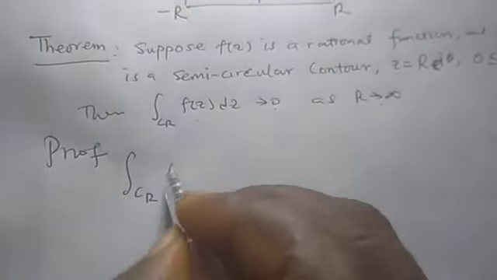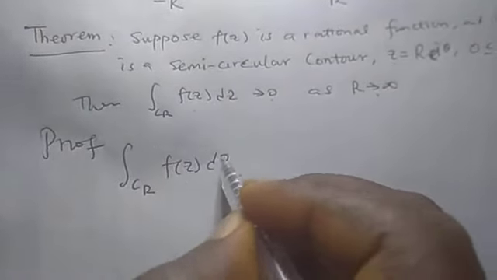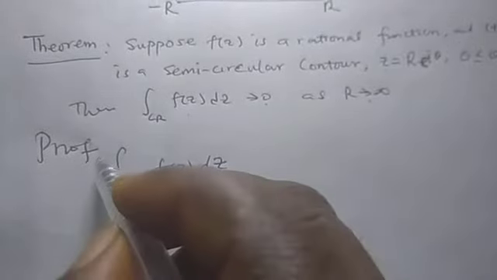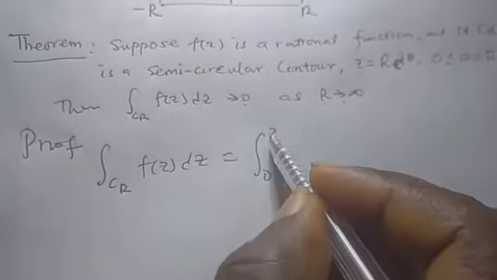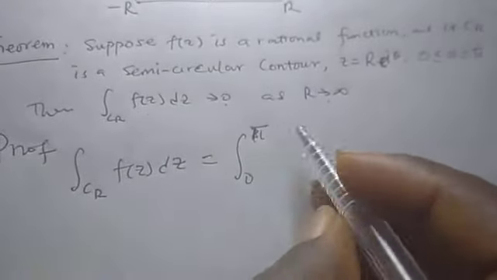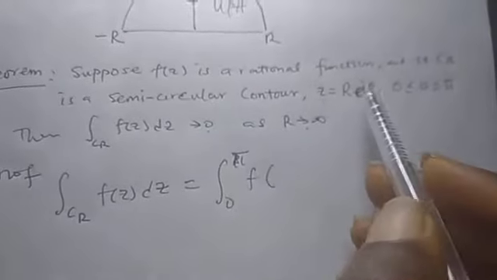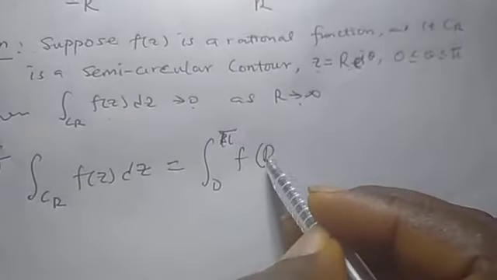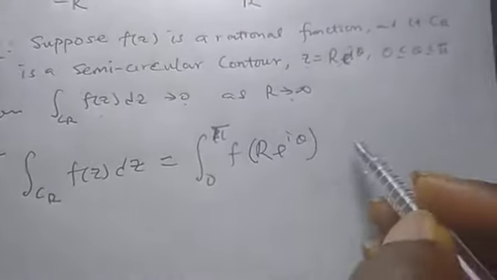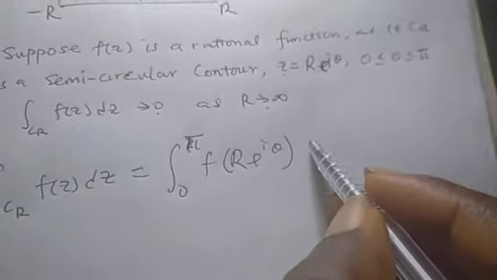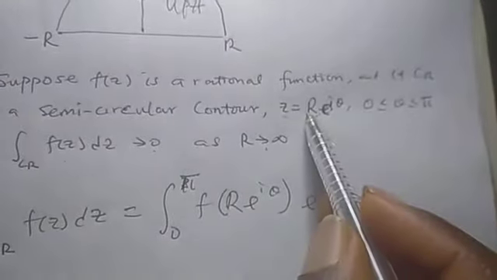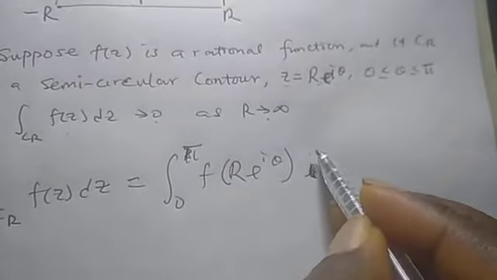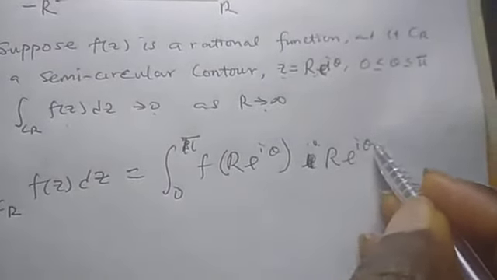So if we start from this place, f of z is z here. So when we take this, this will be 0 to pi here. f of our z is R exponential i theta, and our dz, if you differentiate, this will be i R exponential i theta d theta.